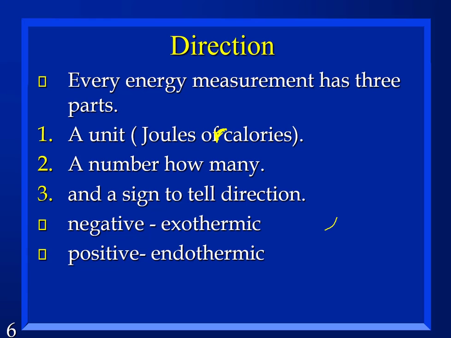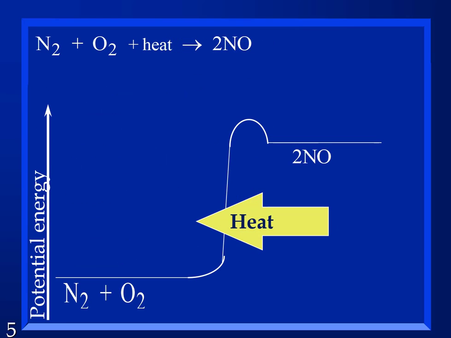Because if you look at the graph of what we said was endothermic, what kind of change is that? Is that a positive change or a negative change? Positive. So the signs match up with the graphs.